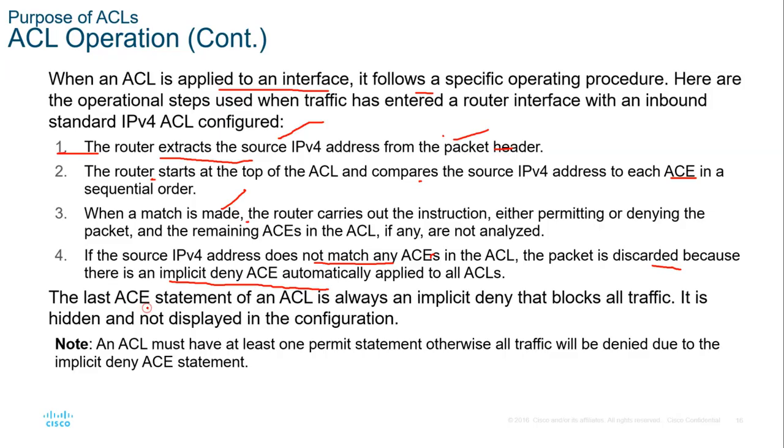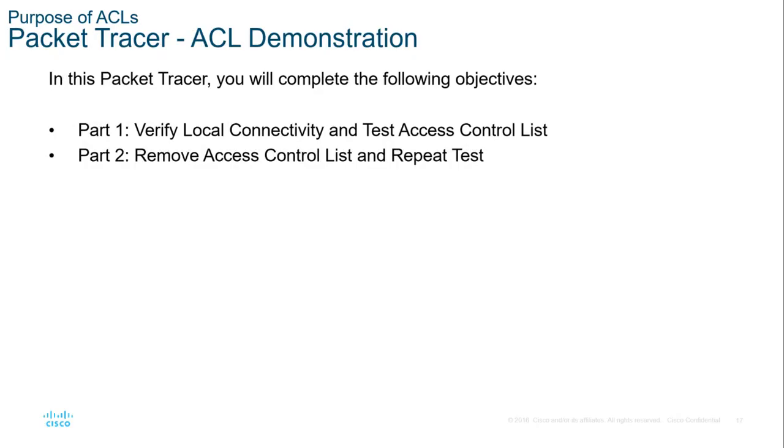The last entry in an access control list is always an implicit deny that blocks all traffic. It is hidden and not displayed in the configuration. So any access control list must have at least one permit statement. Otherwise, all traffic will be denied due to this hidden implicit deny entry.